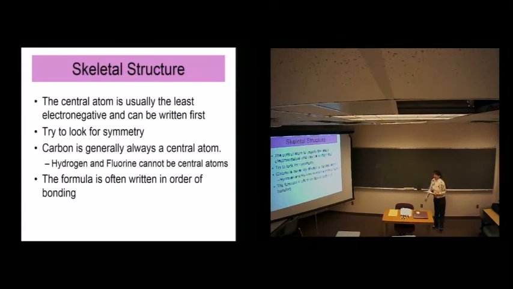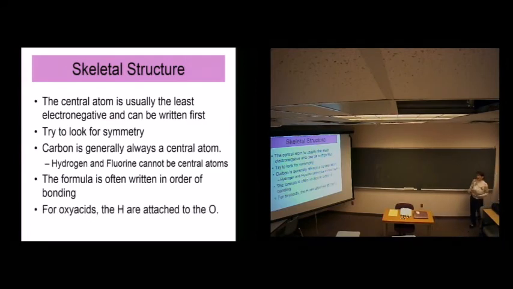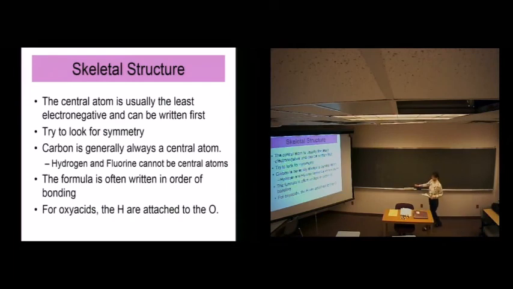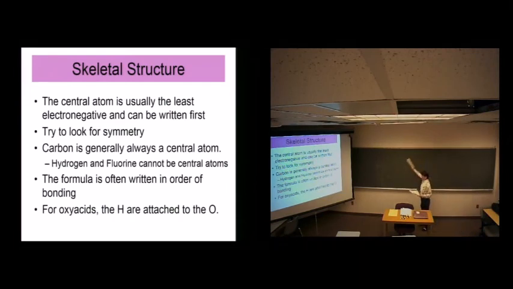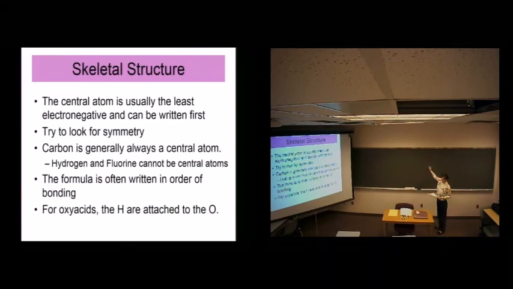So that's another one. And then oxyacids. We remember what an oxyacid is, right? Yeah? We think so. What was an oxyacid? Give me an example of an oxyacid. It's got acid. Think of an acid.